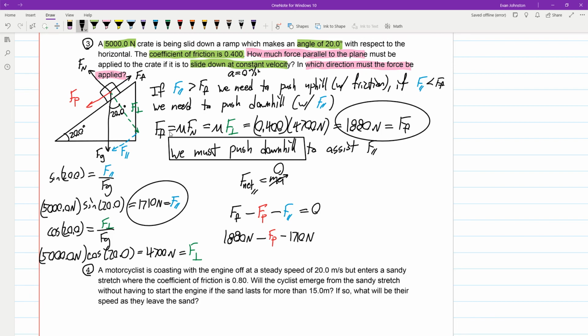And then we end up having 170 newtons as our push or pull. And so that's really it. That's how we would write out the steps for it. But it really is just that the difference between these two is how hard I need to push. That's really it. Okay, I hope that made sense.